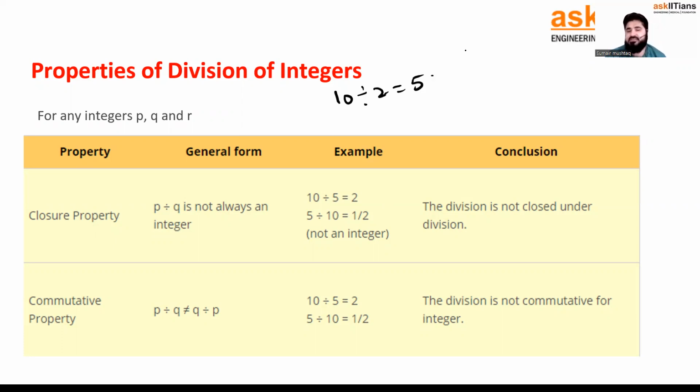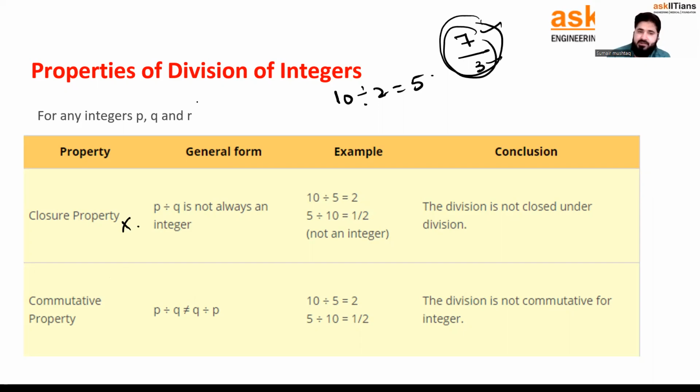But what about 7 divided by 3? You can't divide this evenly. This is also an integer, this is also an integer, but the result is not an integer, so it is not closed.